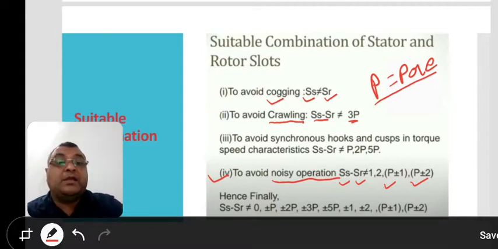Okay, so these four conditions you have to keep in mind when a suitable combination of stator and rotor slots is asked in your examination.